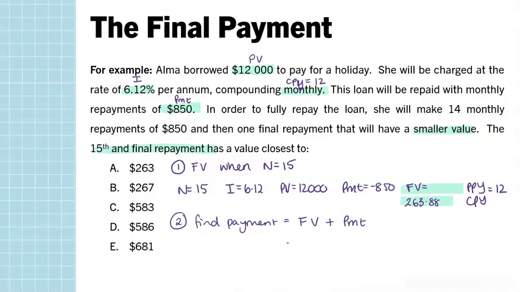Our future value of 263.88 plus my PMT value, negative $850, gives a value of negative $586.12. The negative tells me that Alma has to give the bank that money, so I'm making a payment of $586.12. The closest amount to that here is option D.